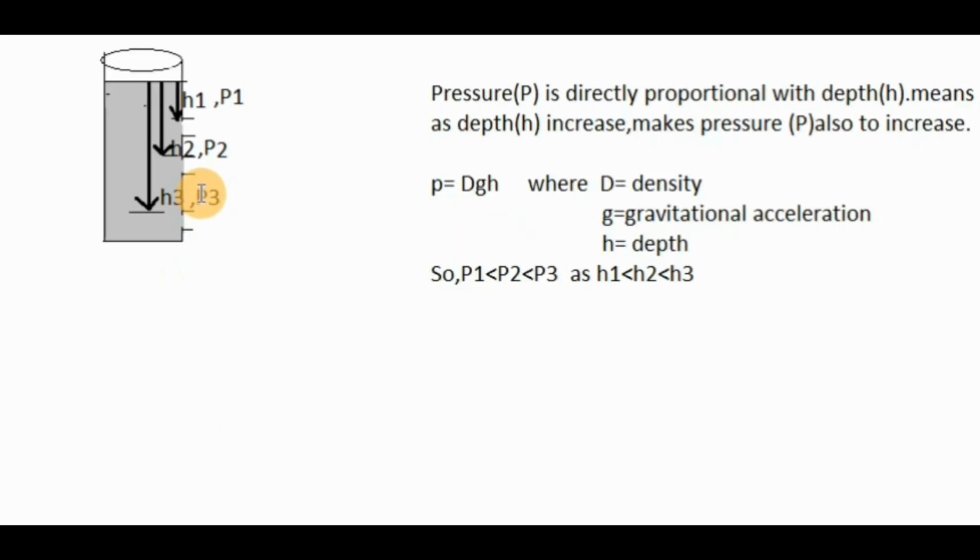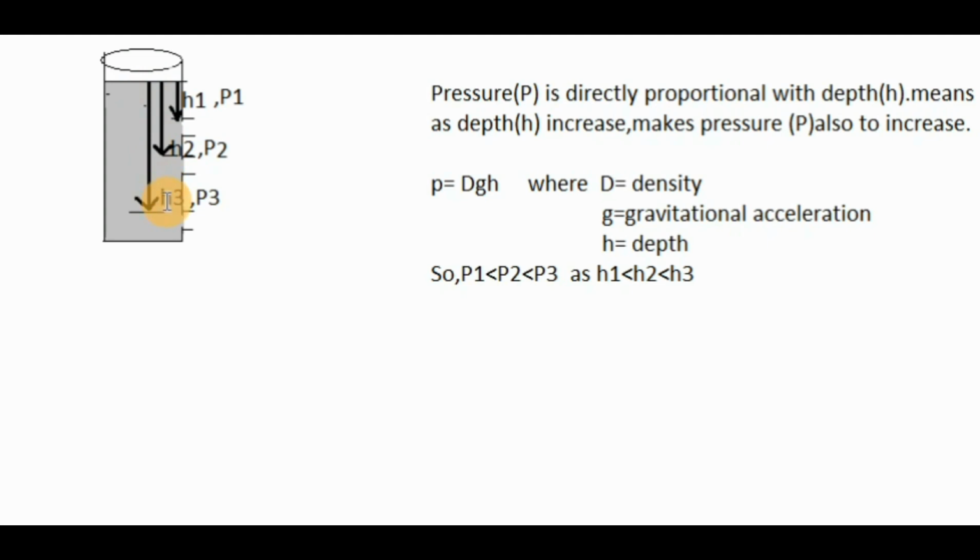Let us look at this diagram. You see that this is a diagram of water, and this is the first tube, the second tube, and the third tube. Let us see the depth of the first tube: from the top up to the first tube, this is the first depth, and from the top to the second tube, this is the second depth.